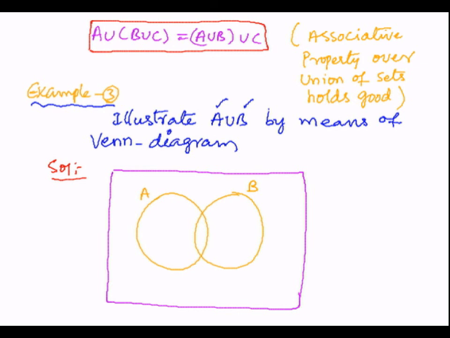This is the region which is common to both set A and set B. This region is present in either set A or set B. This region is present in only set A, and this region is present in only set B. But we have to find A union B, which indicates either set A or set B or both.